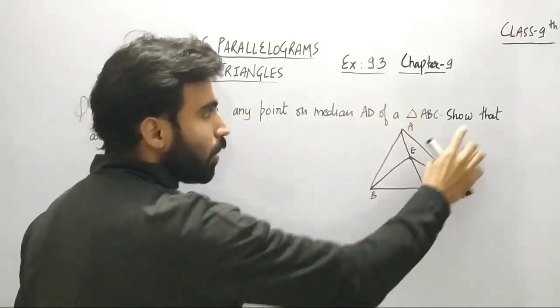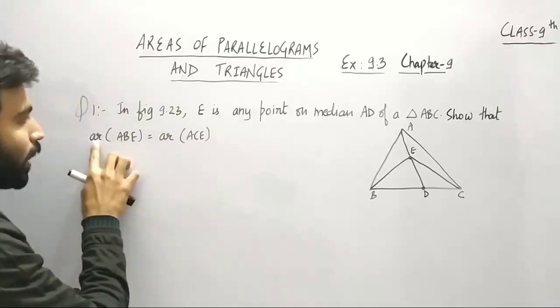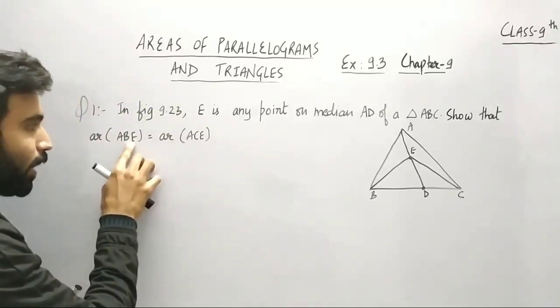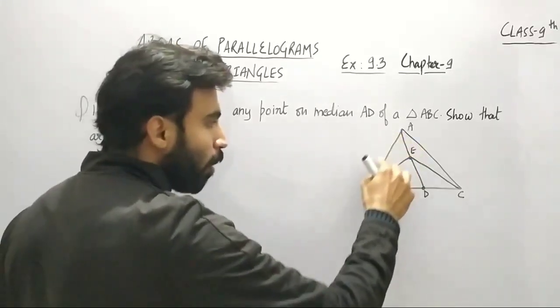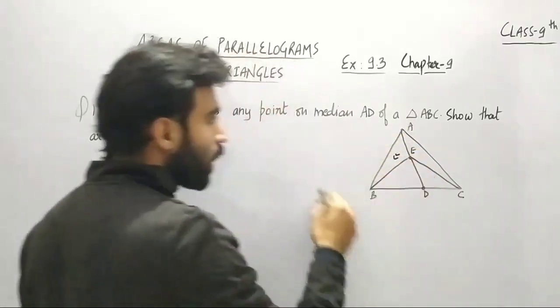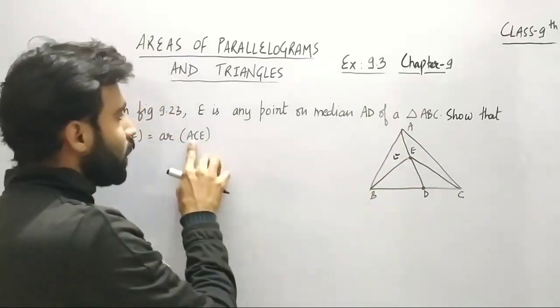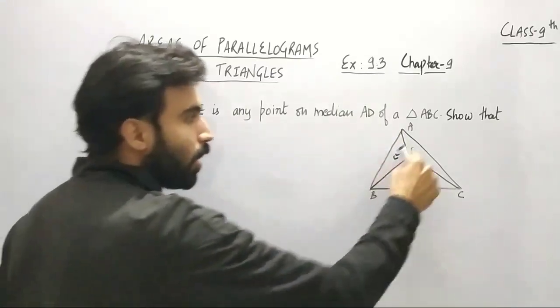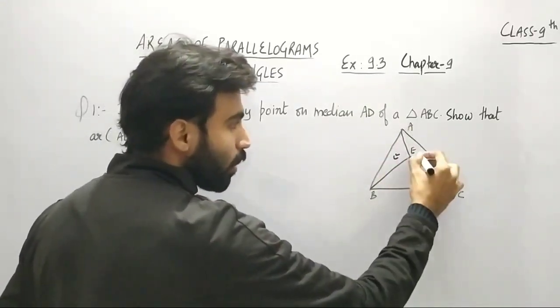It is given to us. Then we have to show that the area of triangle ABE, let me just mark that, this triangle ABE, is equal to the area of triangle ACE, this triangle, right?